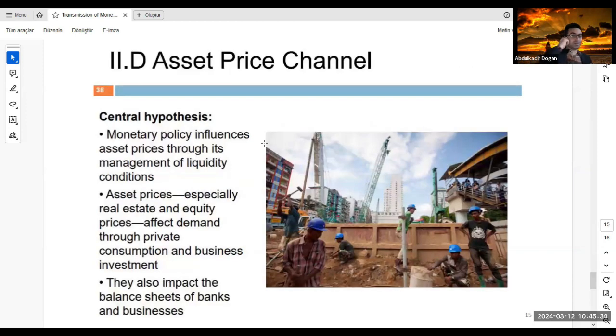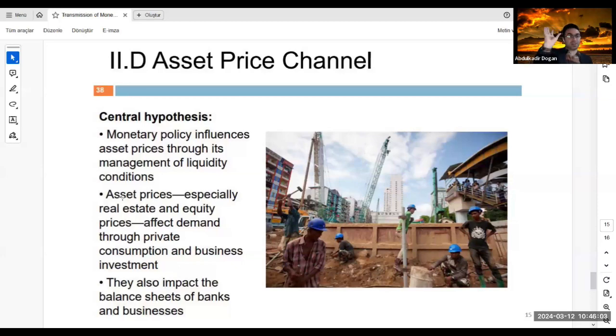And the last channel is the asset prices channel. Here is the central hypothesis. Monetary policy influences asset prices through its management of the liquidity condition. Asset prices can be affected by liquidity conditions. Asset prices are all these things: real estate prices, stock prices, even crypto prices, gold prices.